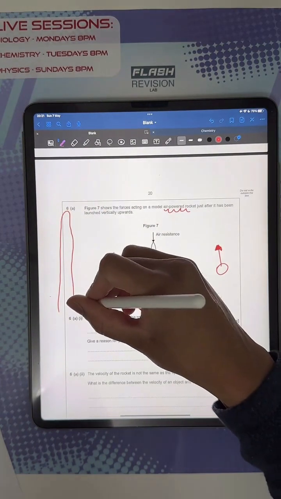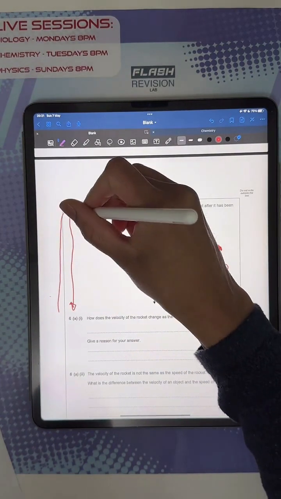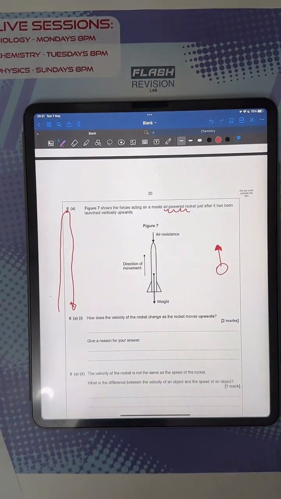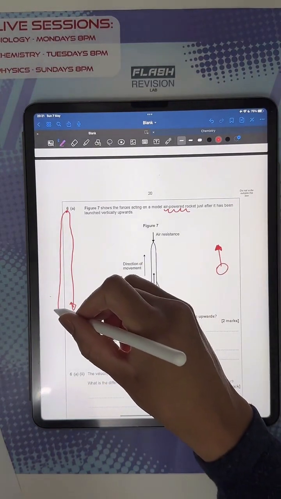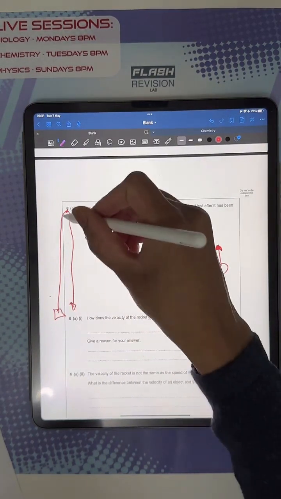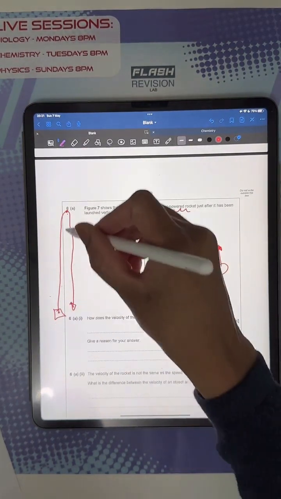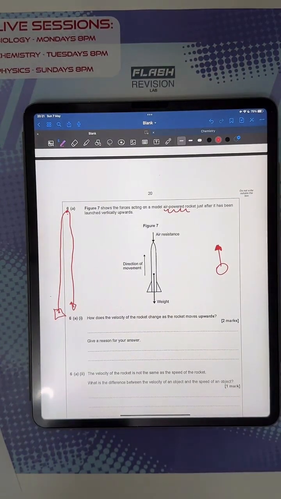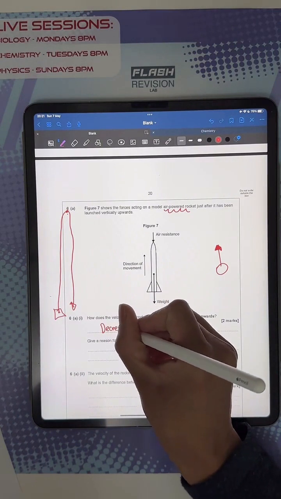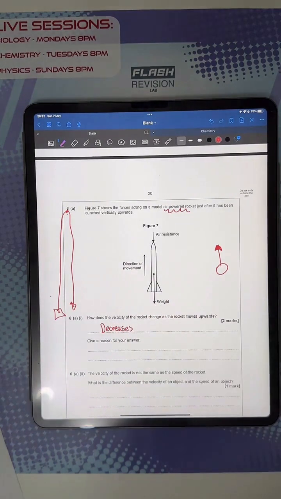So at some point here, the velocity is going to go to 0. It's going to stop. So from this point to this point, it has to go from a speed to 0, so it has to slow down. So how does the velocity of the rocket change? Decreases. Now, how do we explain that for the second mark?